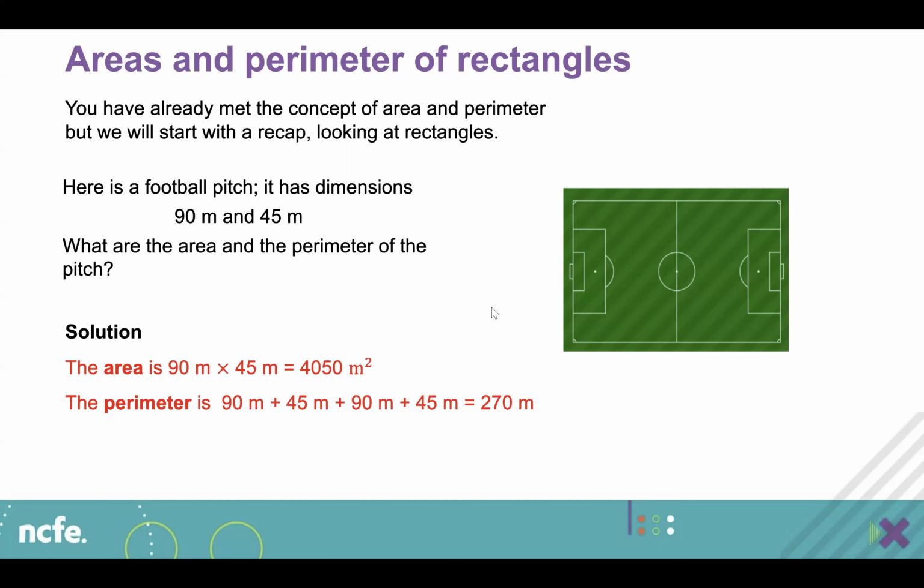And to work out the perimeter, you add it twice. So 90 would be this, and 90 would also be this, and 45 would be this and this. So I'll draw a line. So 45, 45, 45.